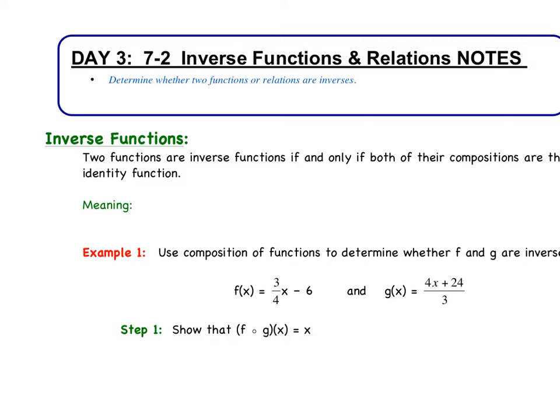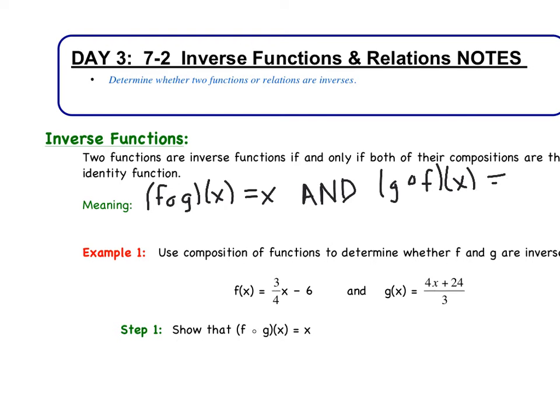Remember this notation, f of g of x equals x, and g of f of x also equals x. So both of these compositions must equal x in order for the two functions to be inverse functions.